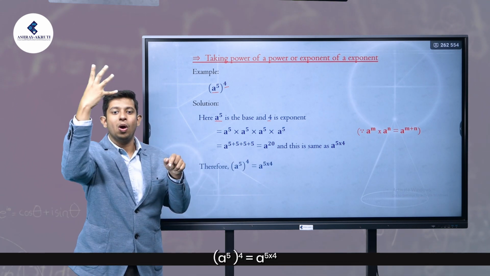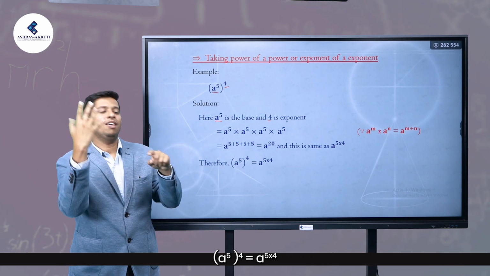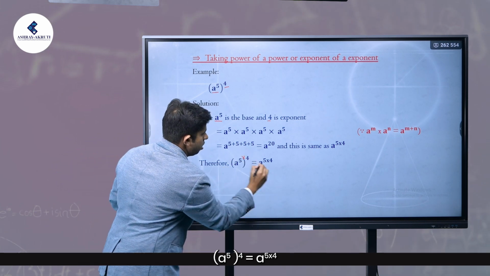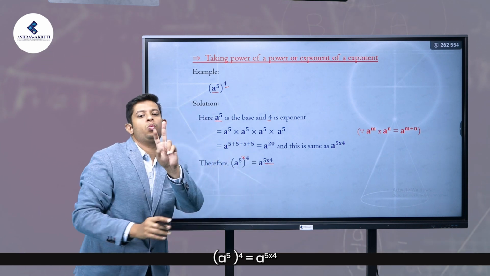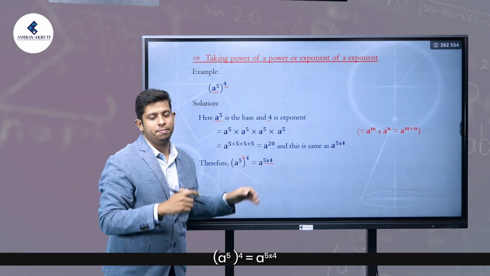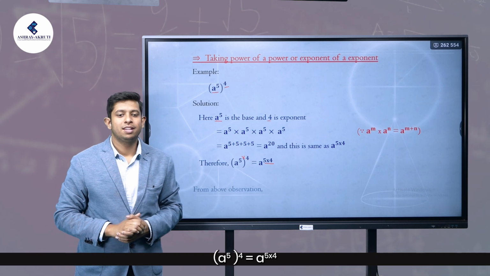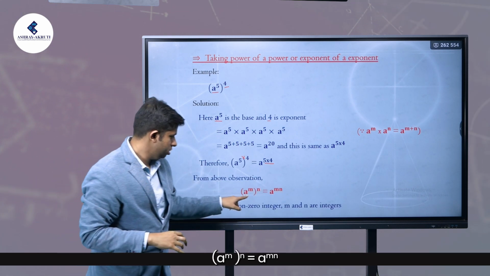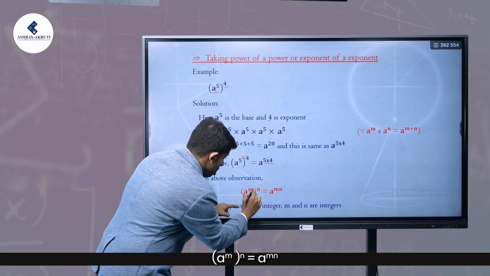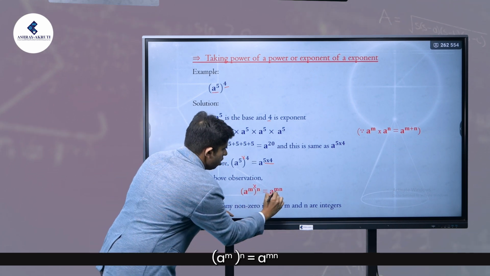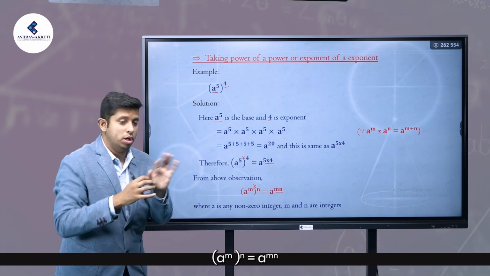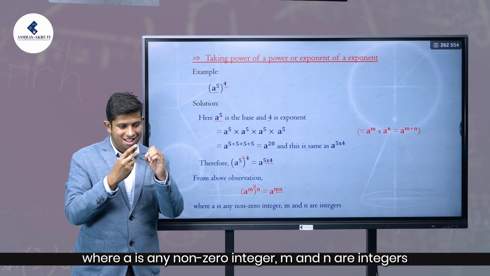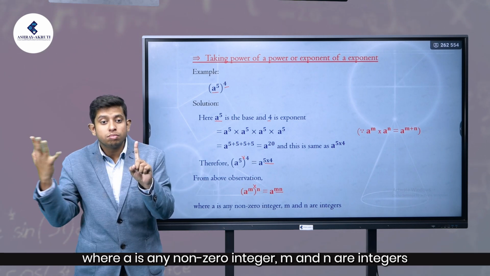Therefore, a to the power of 5 whole to the power of 4 is equal to a to the power of 5 into 4. From the above observation, we can say that a to the power of m whole to the power of n is equal to a to the power of mn, where a is any non-zero integer, and m and n are integers.